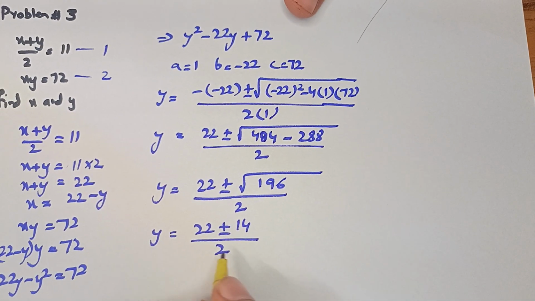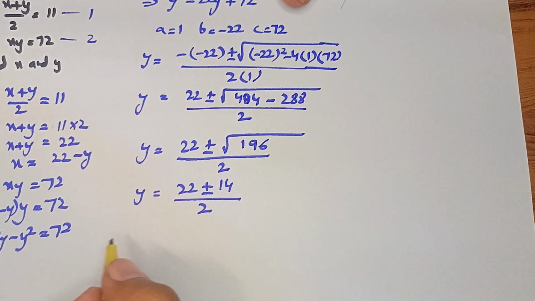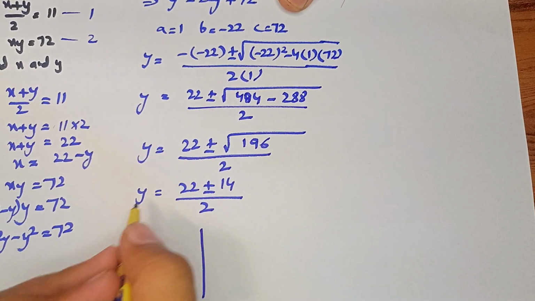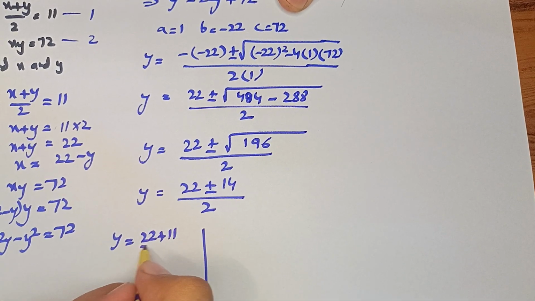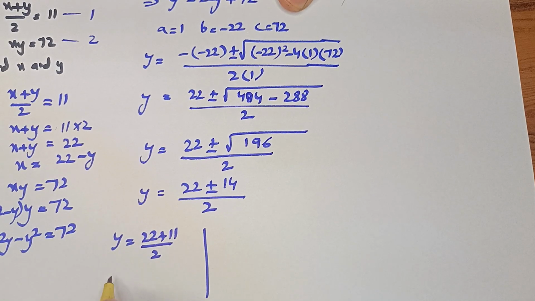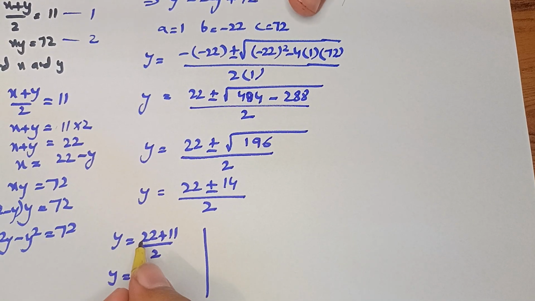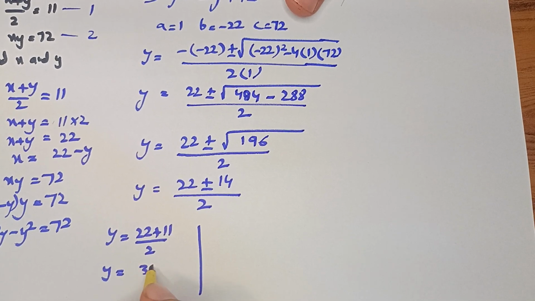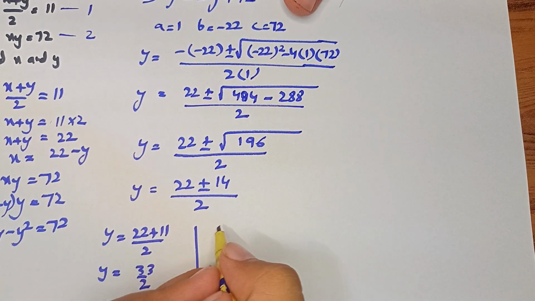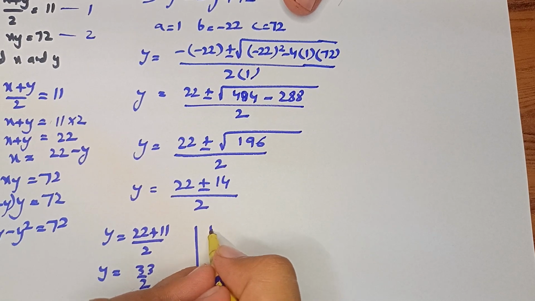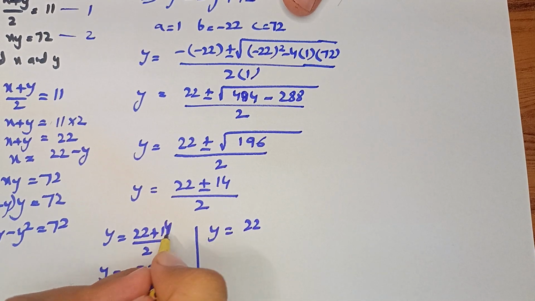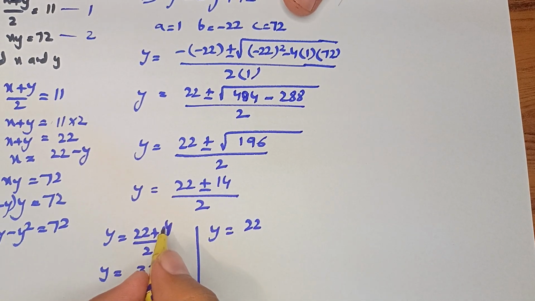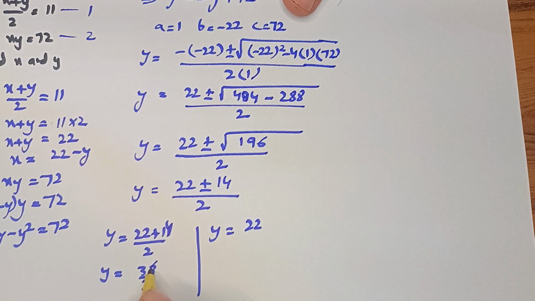So I split these two values into a plus case and a minus case. In the plus case, the positive case, we add these two values: 22 plus 14 is 36, and divided by 2 it is 18.